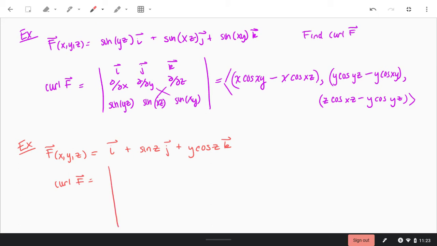So, got my i, j, k. I've got my 1, oops, getting ahead of myself, d/dx, d/dy, d/dz, and my 1, sine z, y cosine z.